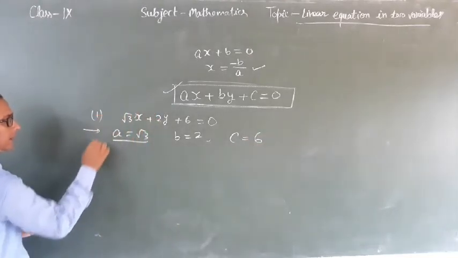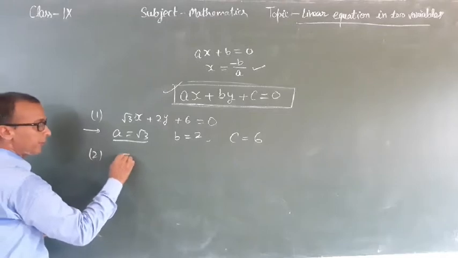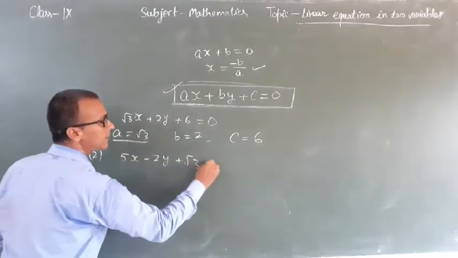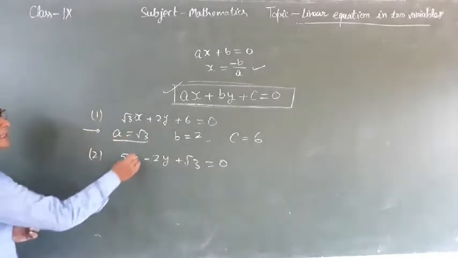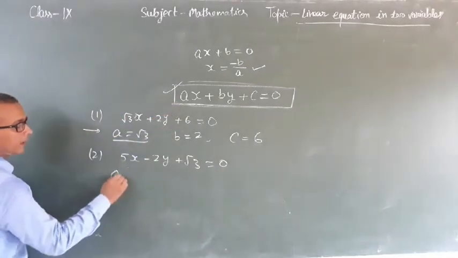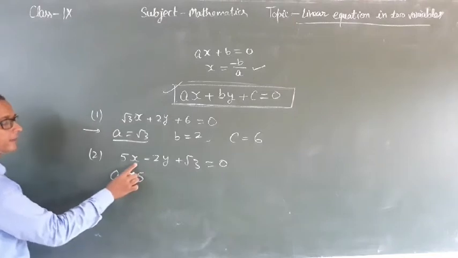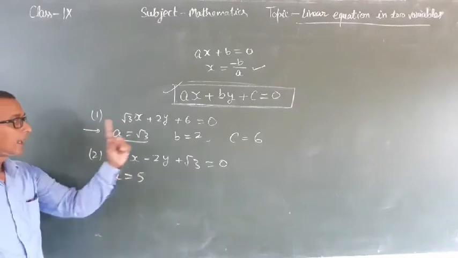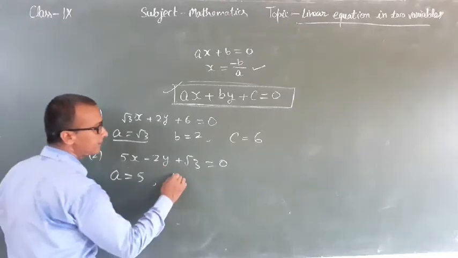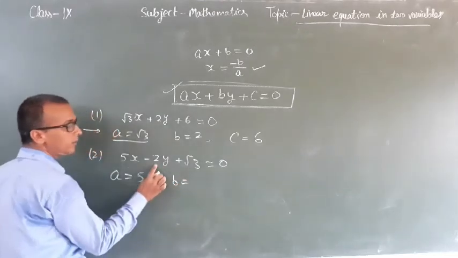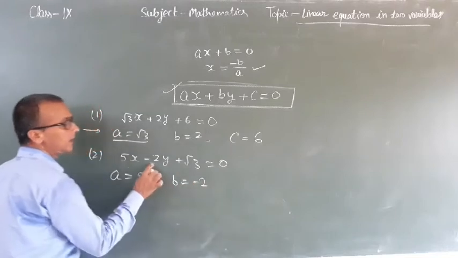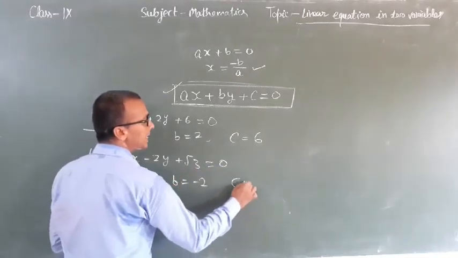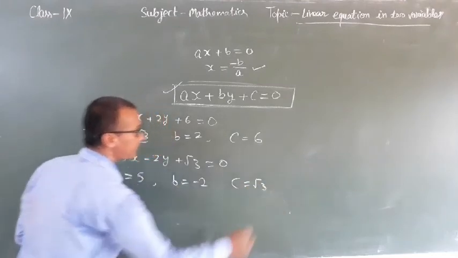Take another example: 5x minus 2y plus root 3 is equal to 0. Compare it with the standard equation. The value of a is 5 because the coefficient of x is 5 here, and the coefficient of y, that is b, is equal to minus 2. Take the negative sign also, and the constant term, that is c, is equal to root 3.